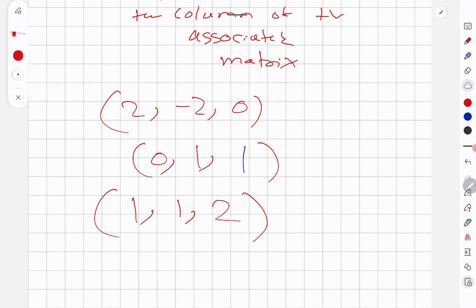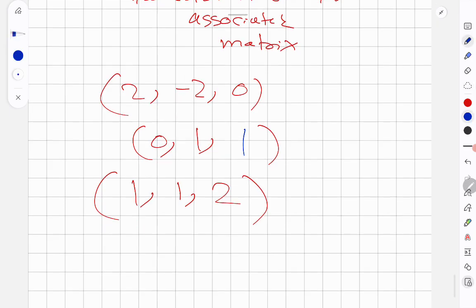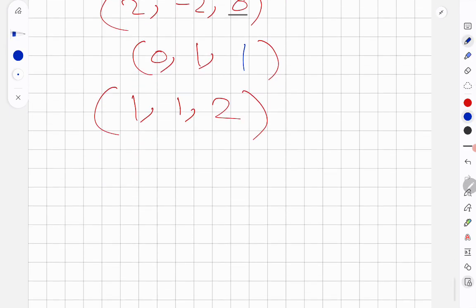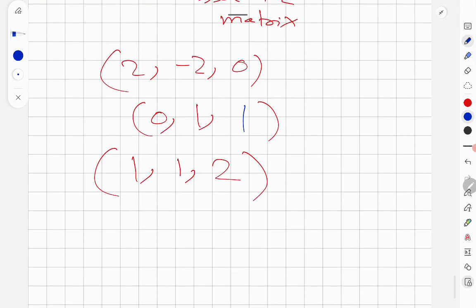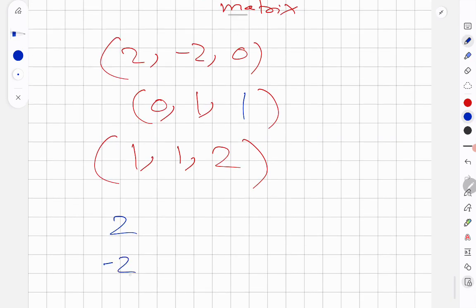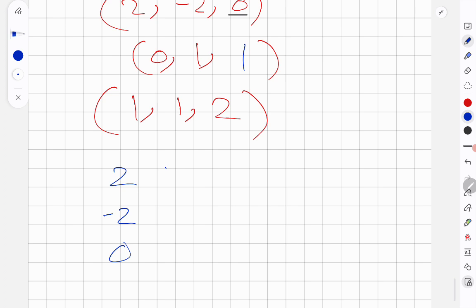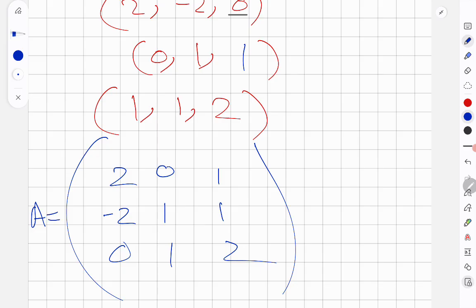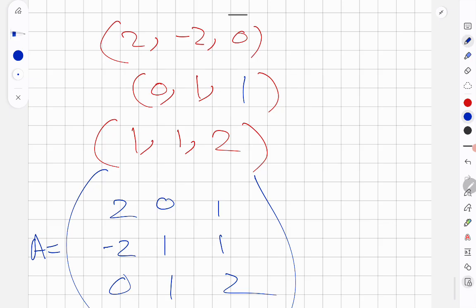These are the things which I got when I calculated the image. So these must be the columns of the associated matrix. So this is the associated matrix A. You mean the rows here are the columns? Yeah.